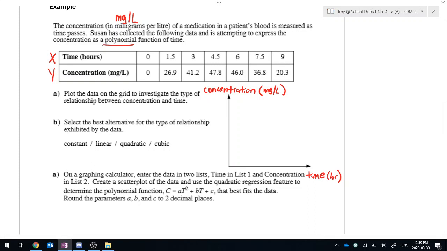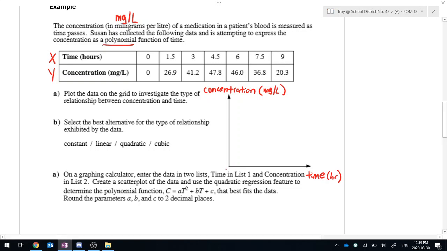I'm just going to be making a rough sketch here. I'm not going to be super accurate. We just want to get a general feel for what the data is going to look like when we put it on a graph. What shape is it going to take? If I take a look at my x values up here in the table, it goes from 0 to 9.